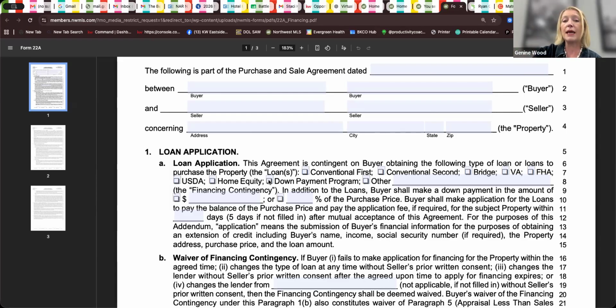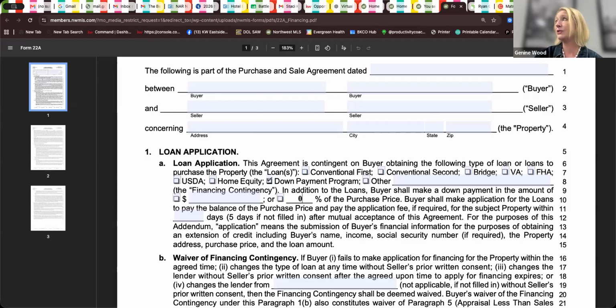If they're using a down payment program, and the down payment program is going to give them 10%, and they tell you that their max down payment is 10%, your number here is going to be 0. That is because the buyer is not physically paying any of the down payment. They've got a down payment assistance program that's paying the 10% for them.